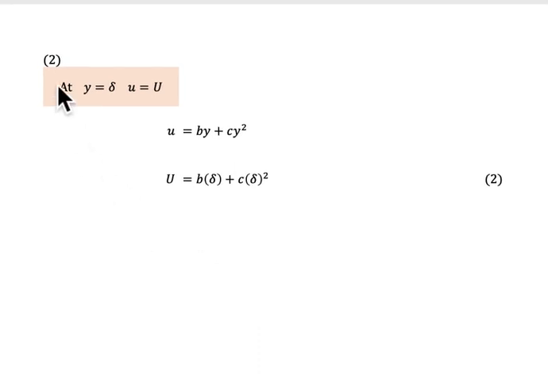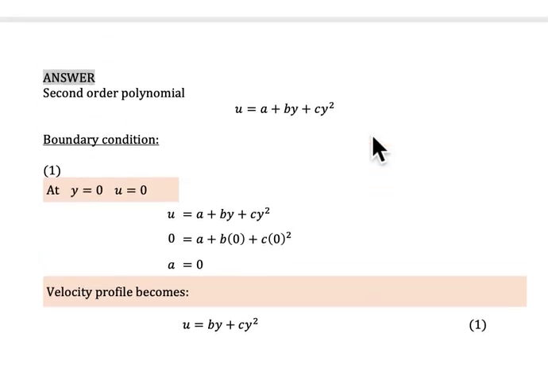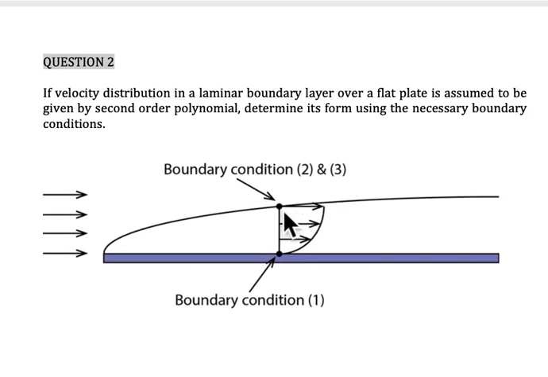For the condition at point number 2, we could say that y is equal to delta and small u, the local velocity, is equal to capital U. Capital U is the free stream velocity. Point number 2 can be referred to at this point. Here the value on the y-axis is equal to delta because this is the boundary layer thickness, and the local velocity is now equal to the free stream velocity.